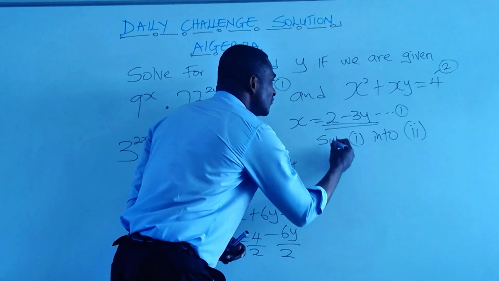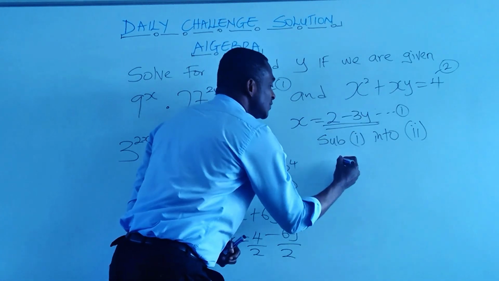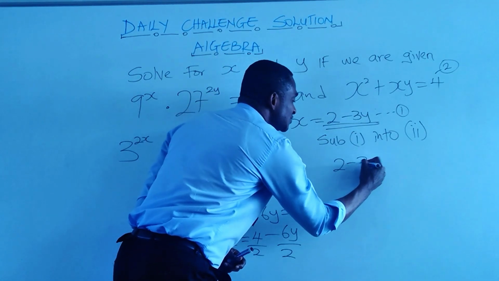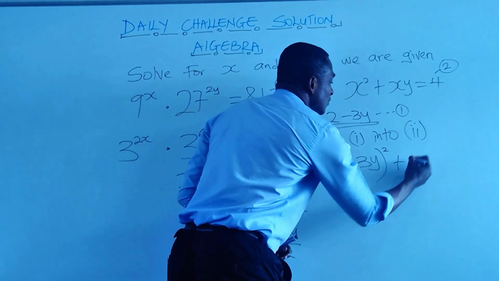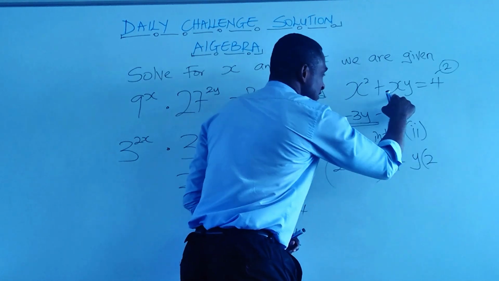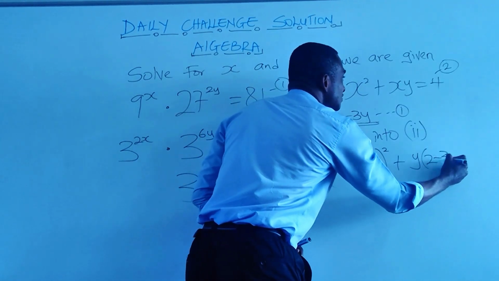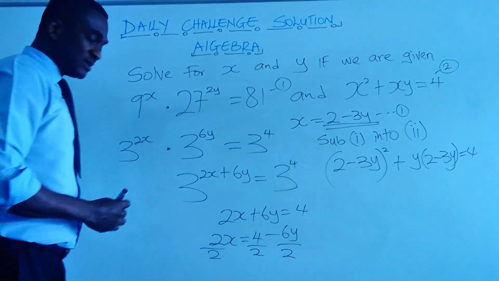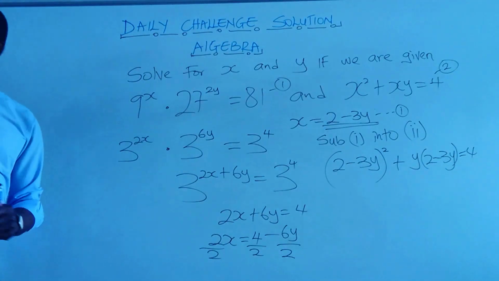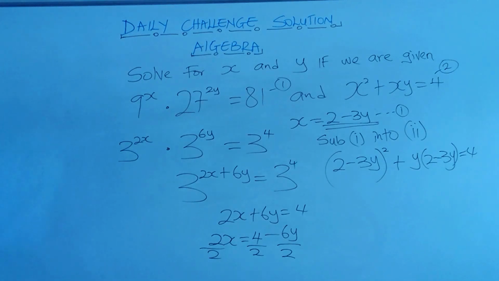So we will have x squared becomes 2 minus 3y all squared, plus y times x, which is 2 minus 3y, equals 4. So that is the expression that we are going to solve going forward.